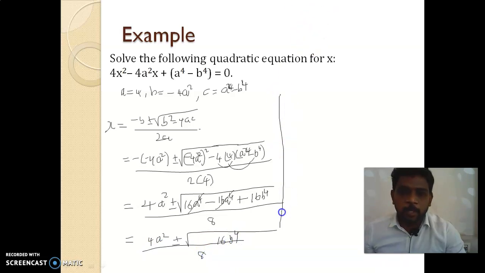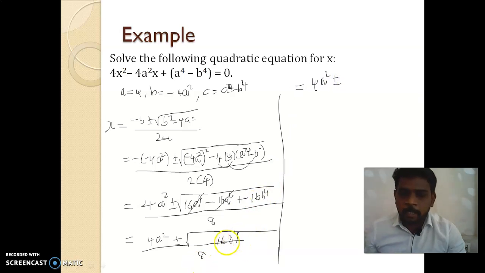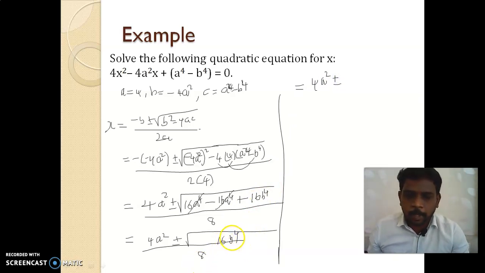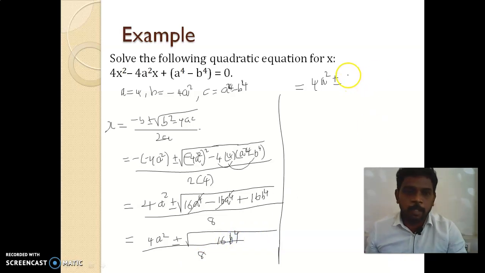In the next stage, equal to 4a square plus or minus, and 16b power 4 inside the square root. Here 16 is a square number, therefore 4 is the square root of 16, so take it out of the square root. And b power 4, the power 4 is also an even number, so you can take half of that, that is b square.